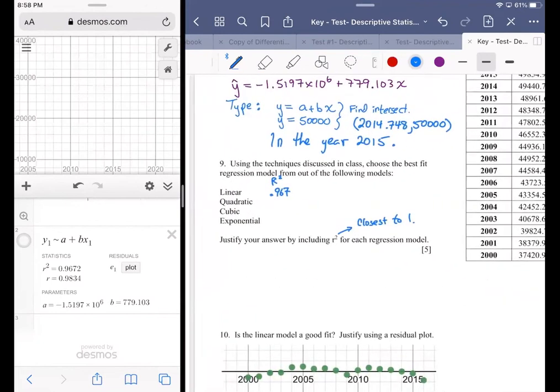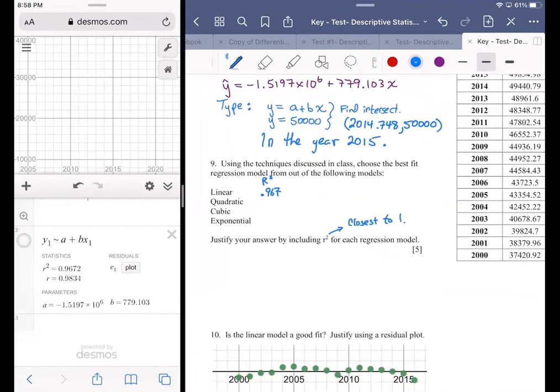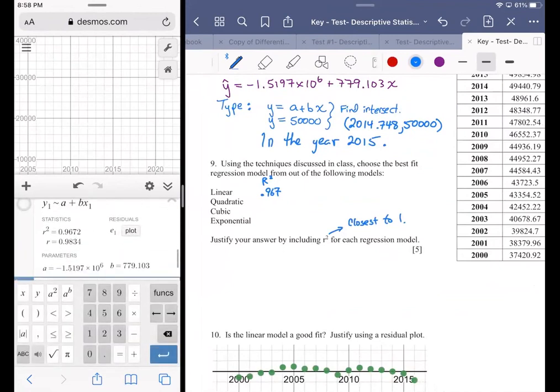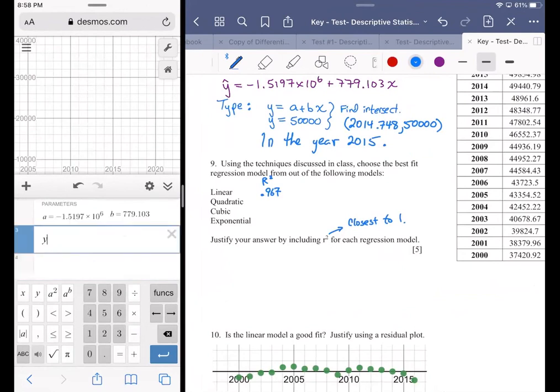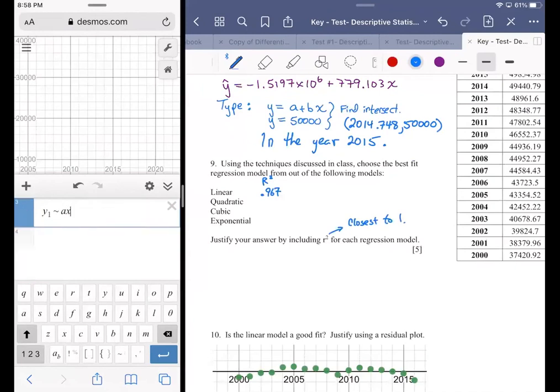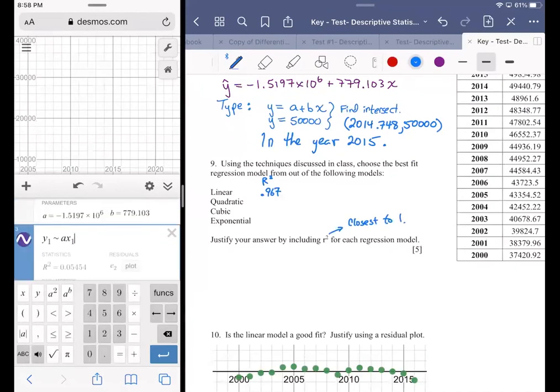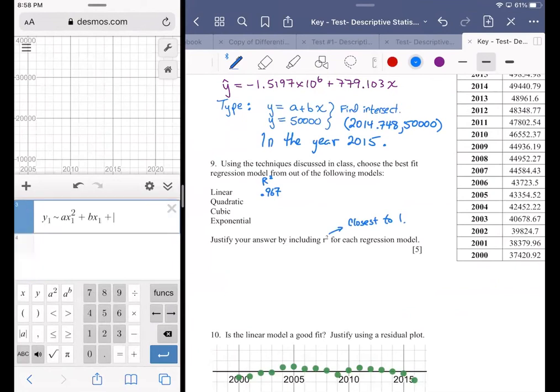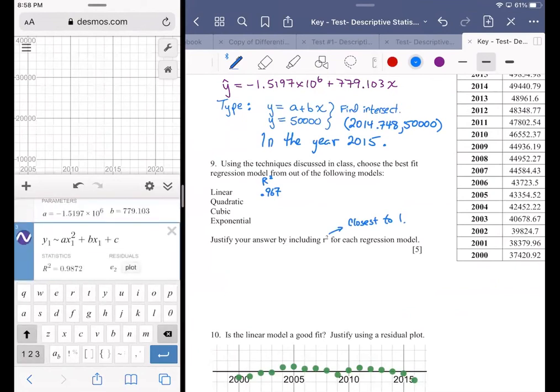So what I then do is I look for a quadratic regression. The model that we use is the quadratic equation. This is all in your notes. Y1 tilde AX1 squared plus BX1 plus C. All right, so that's what a quadratic model looks like.